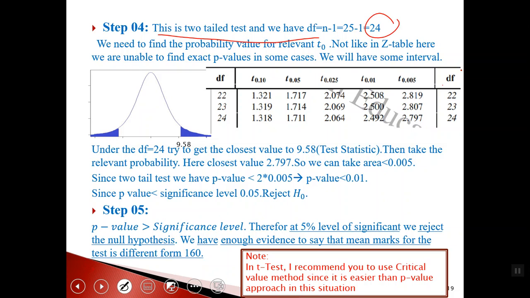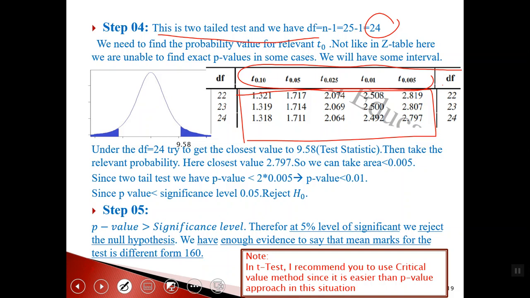So probability values are here, all the t values inside the body. It's not like the z table. Please try to understand the steps clearly. We need to find the p-value based on t naught, our calculated value.